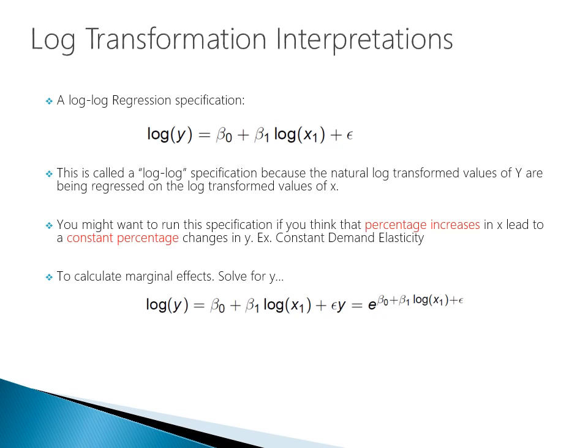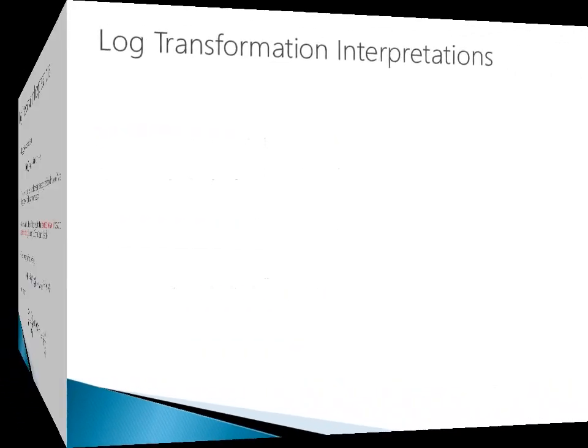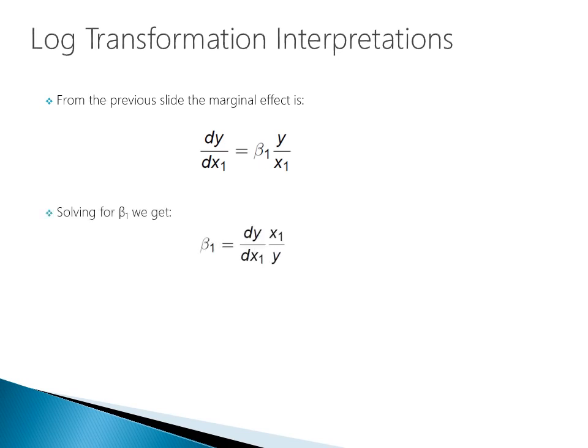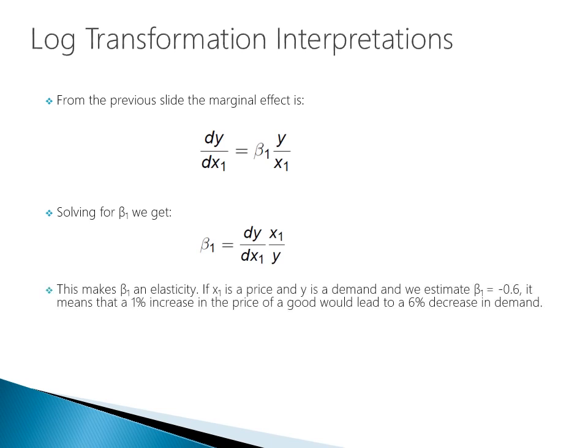So to calculate the marginal effects, we solve for y, and then we differentiate with respect to x. From the previous slide, the marginal effect can be represented as follows. And when we solve for beta 1, we get the following.